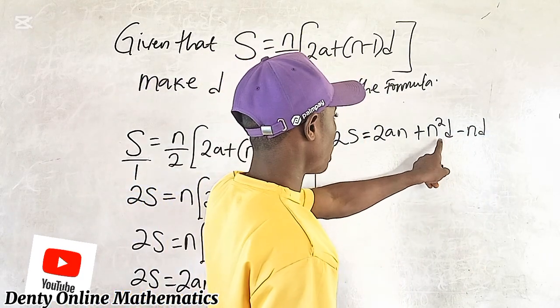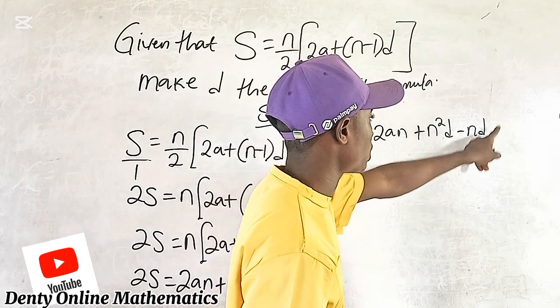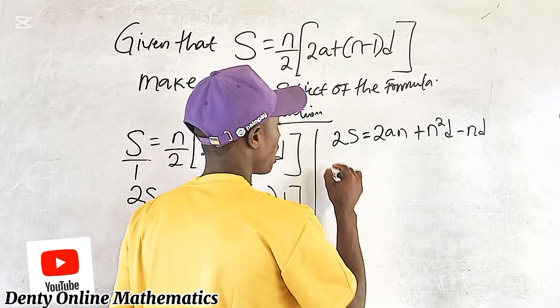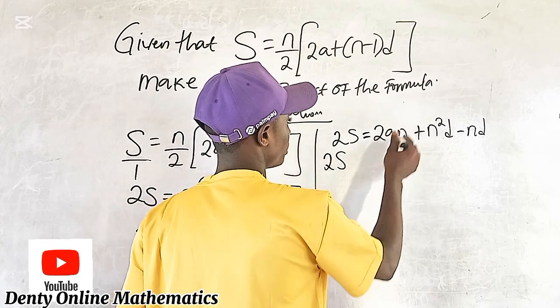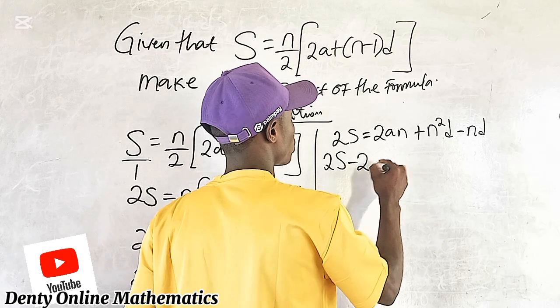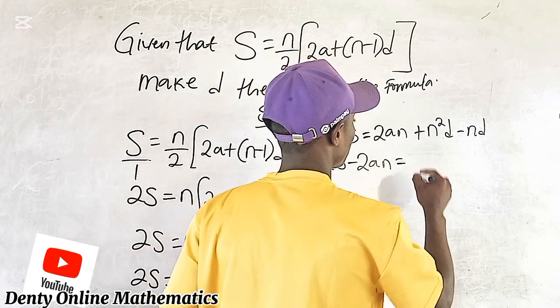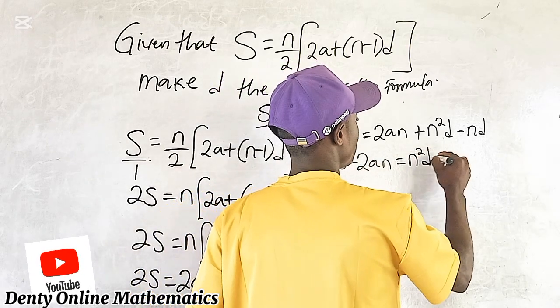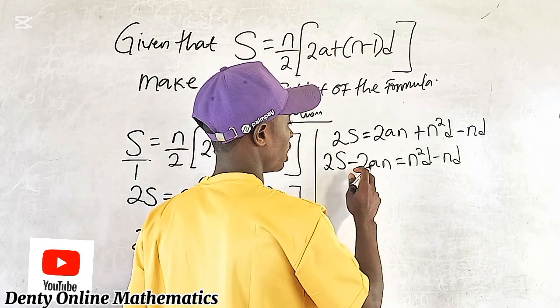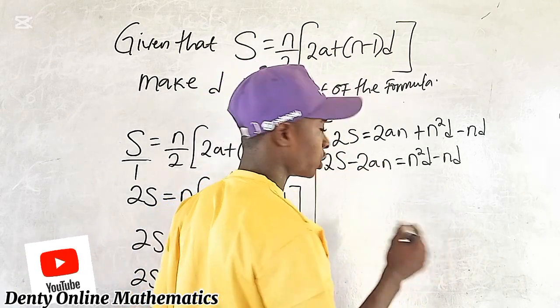Now, this d has effect on these last two terms. So I'm going to take this one to the other side. So I'll have 2S, when this one positive crosses over, it will have minus 2an, equal to n squared d minus nd. So 2 is common here. There's 2 here, there's 2. So I will factor out 2.